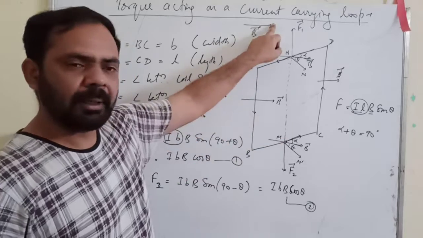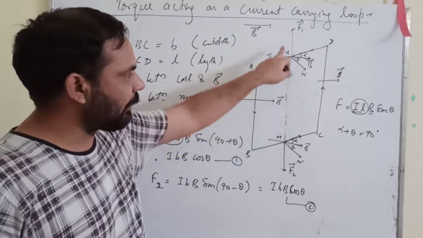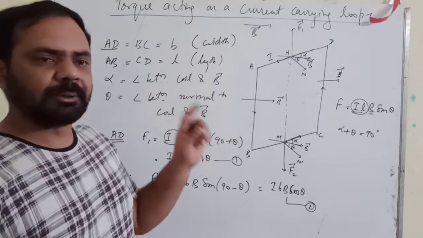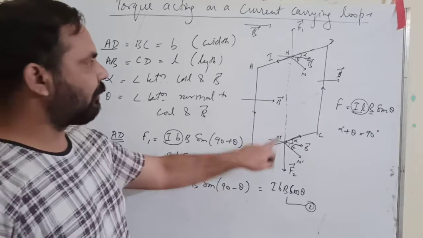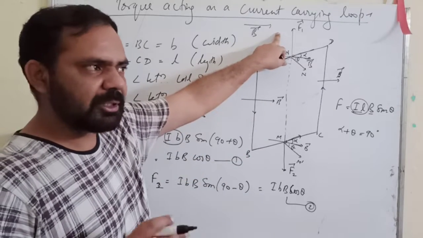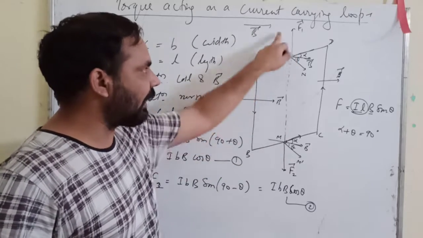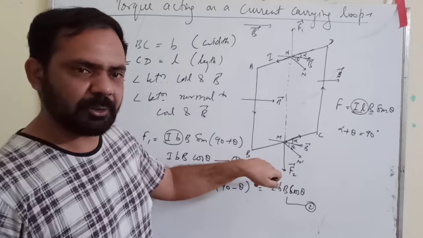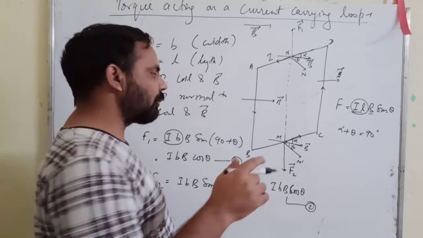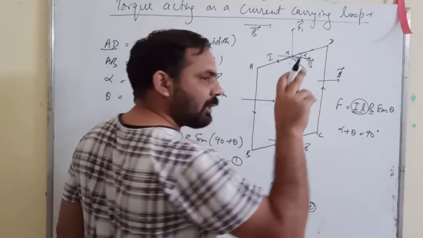Now you will find that both the forces are equal and opposite, and they are acting along the same line also. Okay, so it means that these forces will cancel each other. So how much is the net force acting on the coil due to these two forces? The resultant of these two forces is 0.